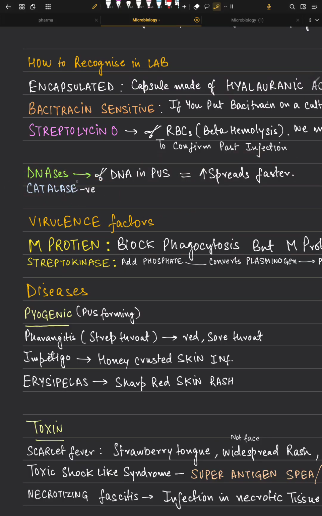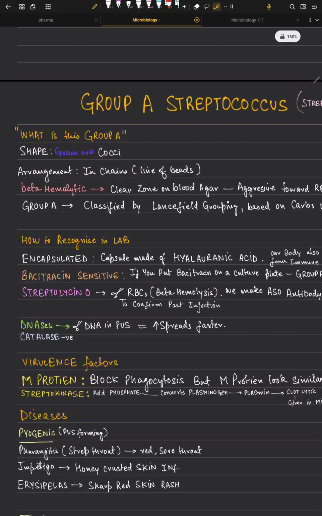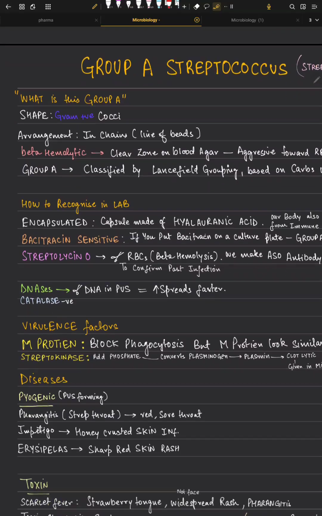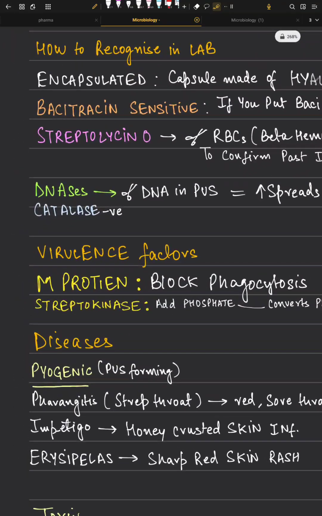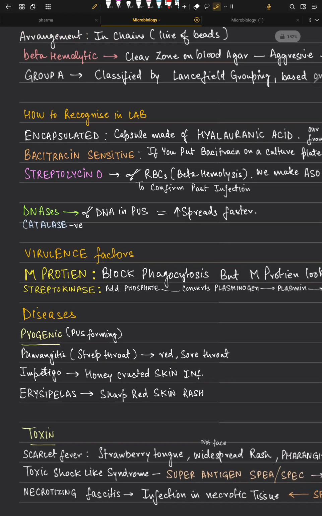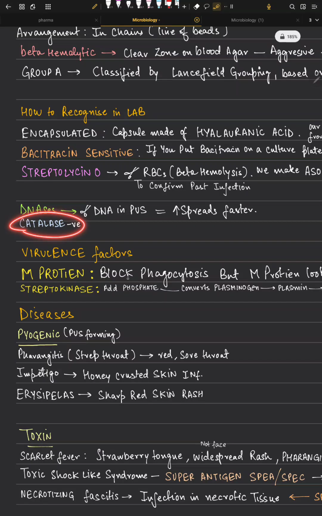That's the difference between Staphylococcus aureus and streptococcus group A. Staphylococcus aureus is catalase positive, which means they have this catalase function that helps them stop the bleach formation. But streptococcus group A can be destroyed by the bleach formation from our body. So that's the physical meaning of catalase negative.